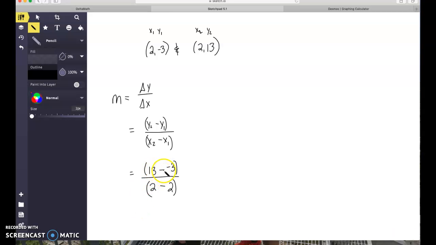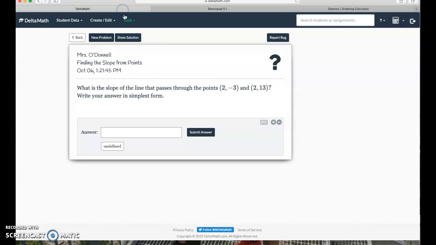So 13 minus a -3, well, that's the same as saying 13 plus 3, right? And then in the denominator, I have 2 minus 2. So 13 plus 3, that's 16, and 2 minus 2 is 0.